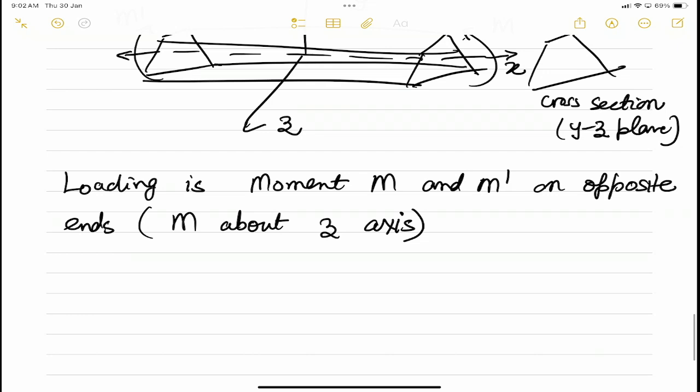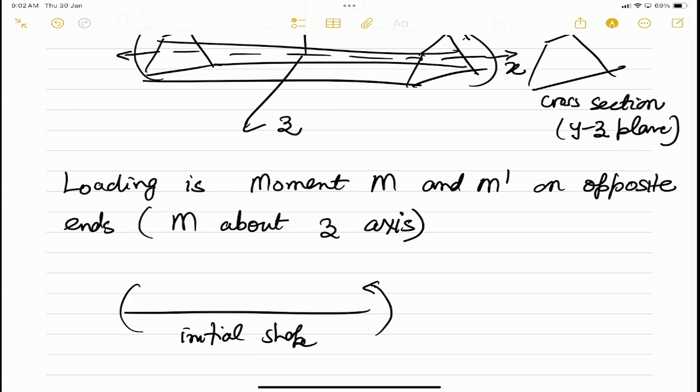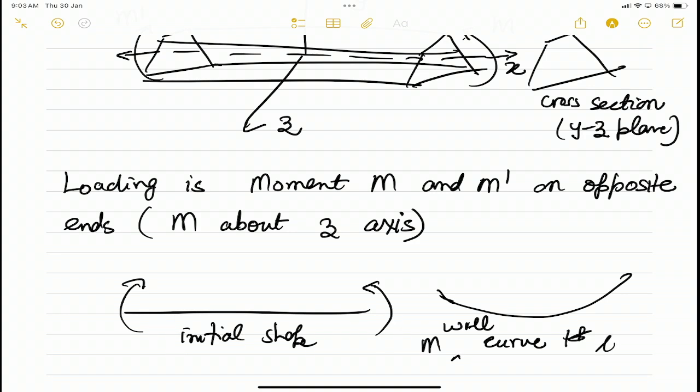So because of this moment, if this was the initial shape and we have a moment like this, M will curve the rod.